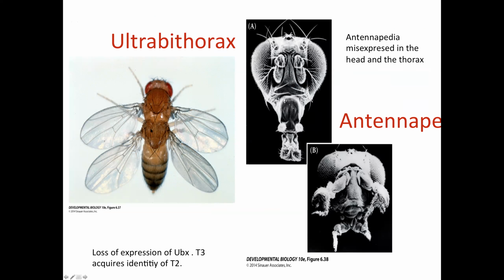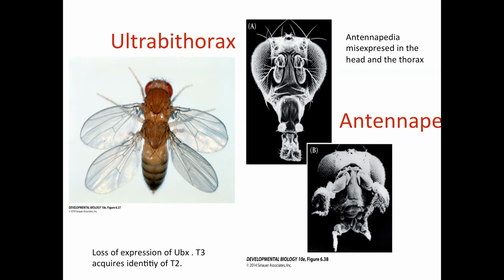The same is true for Ultrabithorax: if it is misexpressed in a different thoracic region, the animal develops duplications of the structures. They are very potent genes, meaning they are deterministic.